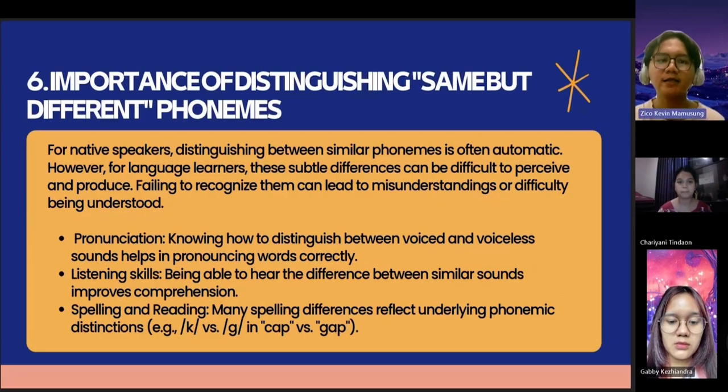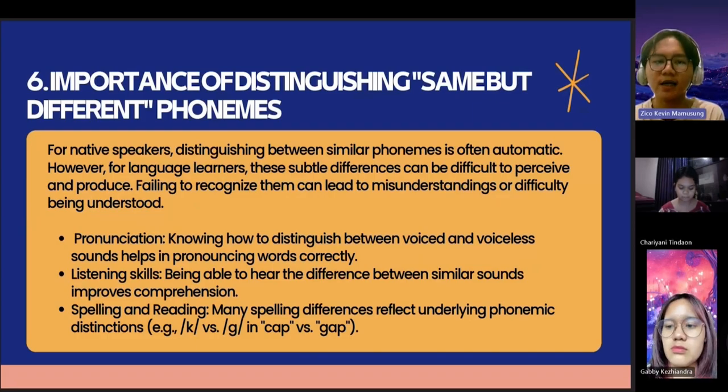And for the next material, I will explain to you the importance of distinguishing same but different phonemes. For native speakers, distinguishing between similar phonemes is often automatic. However, for language learners, these subtle differences can be difficult to perceive and produce. Failing to recognize them can lead to misunderstandings or difficulty being understood.